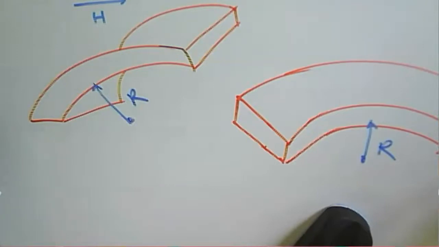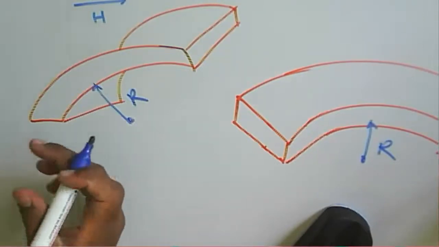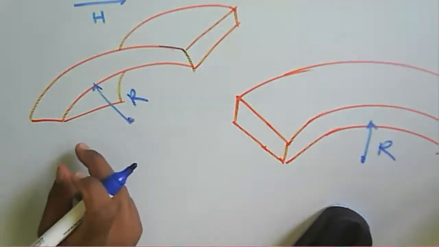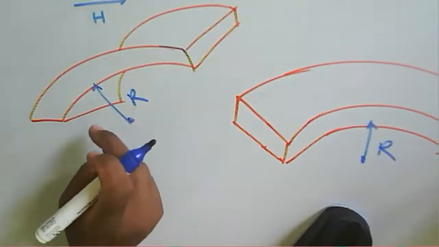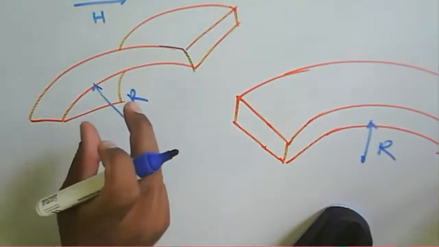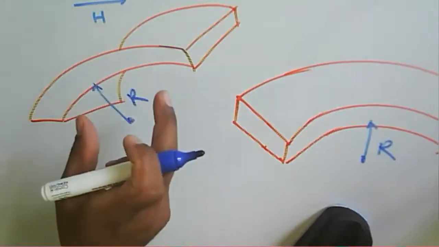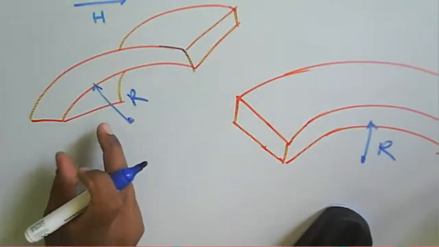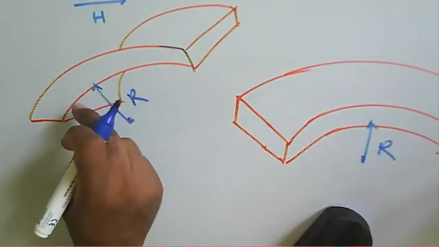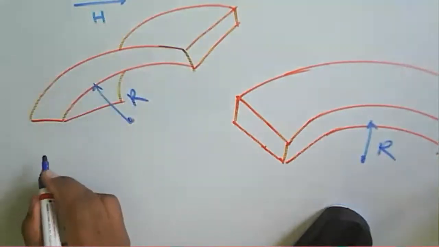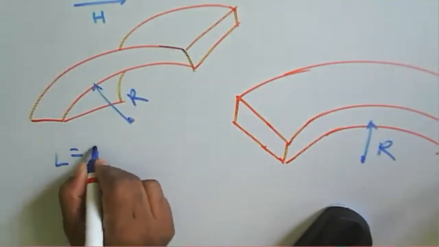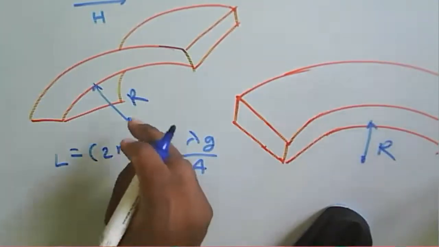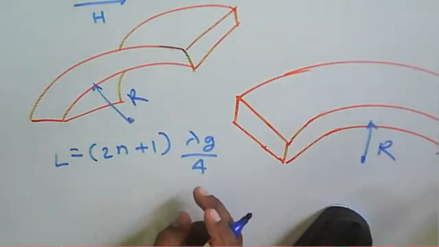So for a given particular bend, to avoid that discontinuity or reflection, we need to consider the mean length between the bend, the length of this particular waveguide from this to this here. For the given waveguide, that mean length will be twice n plus 1, depending upon the wavelength of the guide.